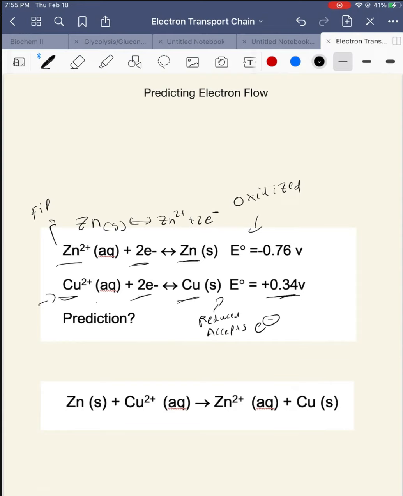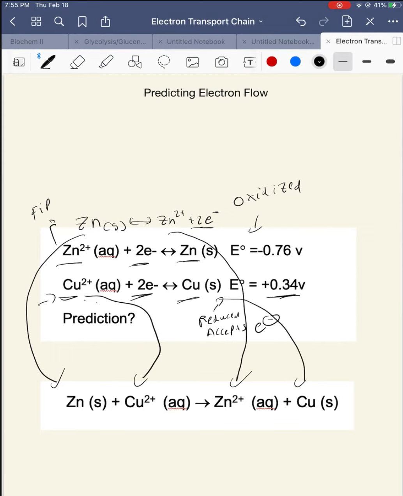Usually you would balance the electrons, but because we have 2 electrons here and 2 electrons here, they cancel. So then we add the zinc with the Cu2+, and we get Zn2+ and solid copper, and that's how we get our final reaction.